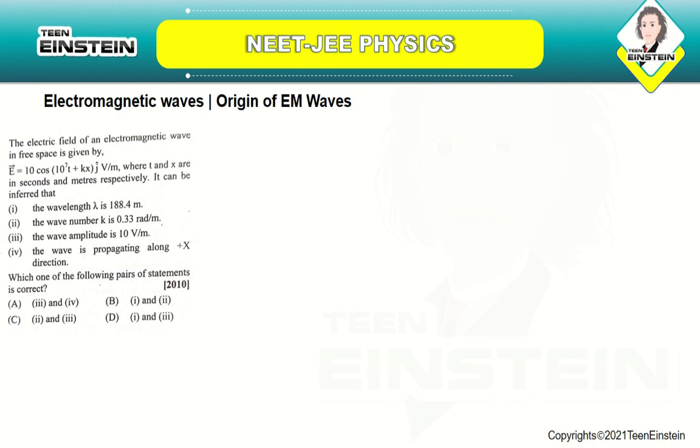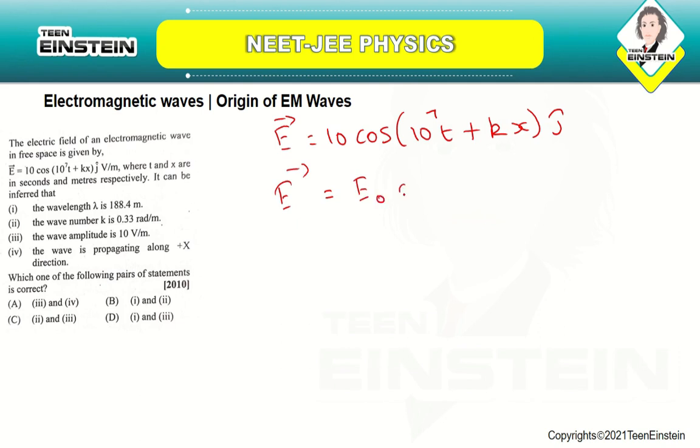So they want us to find out which statement is correct. First you write down the equation, E = 10 cos(10^7 t + kx) j. You are going to compare this with the general equation, E = E naught cos(omega t + kx).